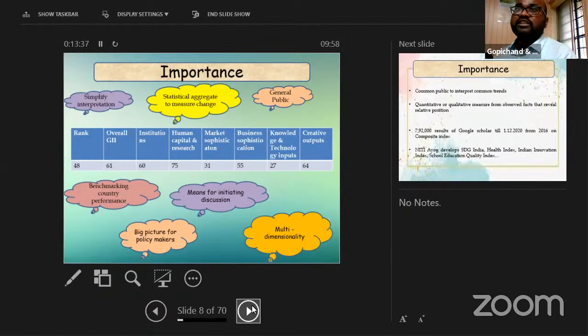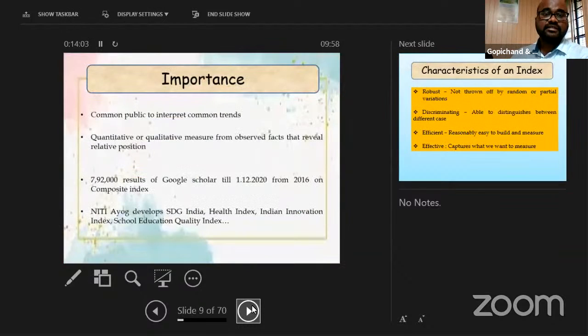It gives the big picture for policymakers. Policymakers won't review all the overall changes or the whole data. Only the index, they just see growth or decline, what changes are occurring, and what we have to do. The overall index depicts the multi-dimensionality, we already discussed that.